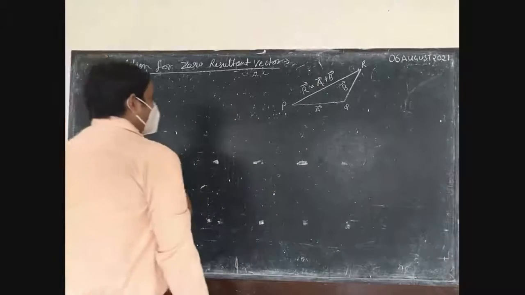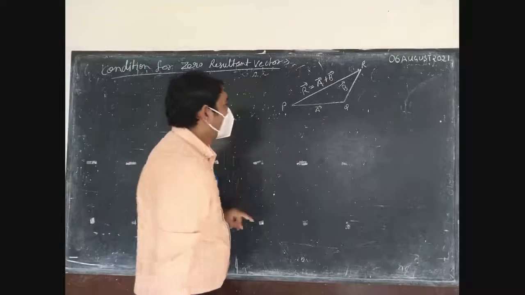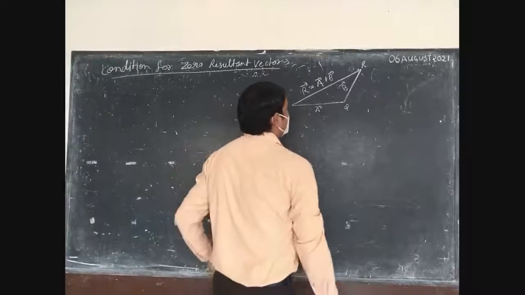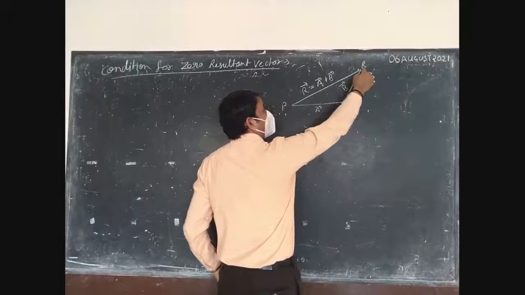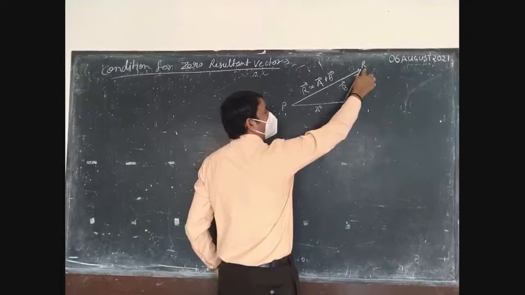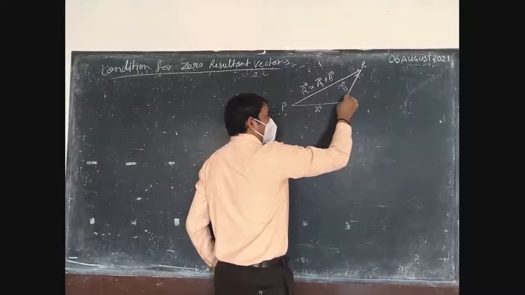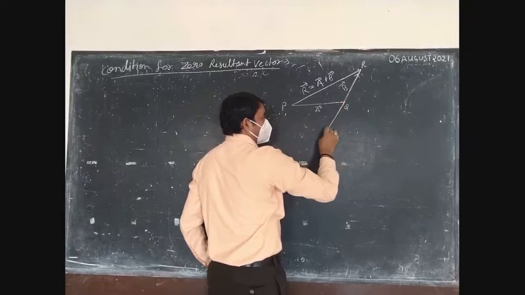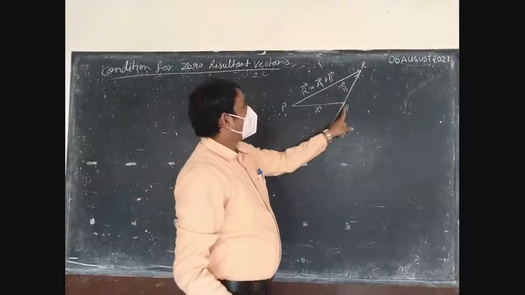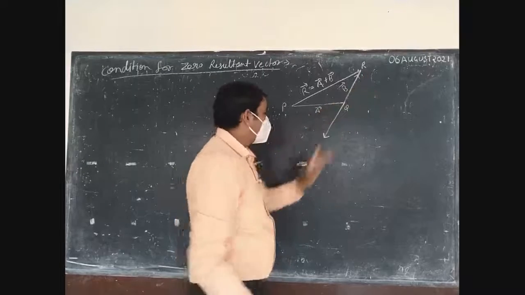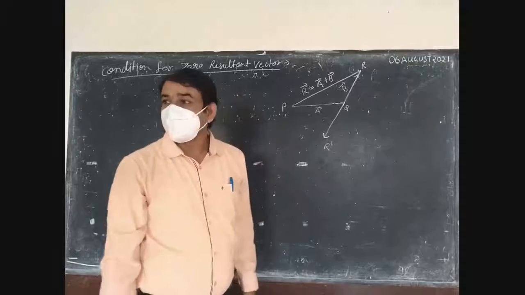Okay. Now, how do we get the zero resultant? For getting the zero resultant, we redraw the vector B from Q in the backward direction with the same magnitude, so that the length of QR is equal to the length of QR dash.